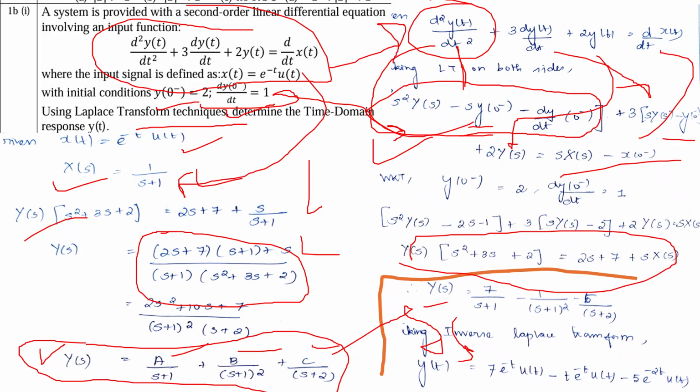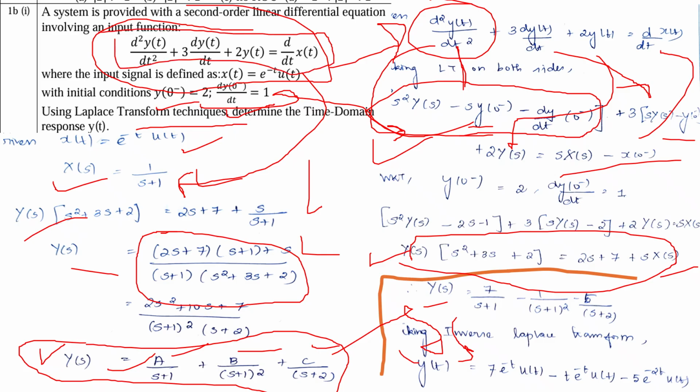If you want to get the output for a particular input, in that case you have to multiply. So here you can get the value of Y of s divided by X of s, that is the transfer function, and then multiply and get the final value of Y of s, and then convert back into y of t. So step number one: if you have the transfer function, first get the transfer function.